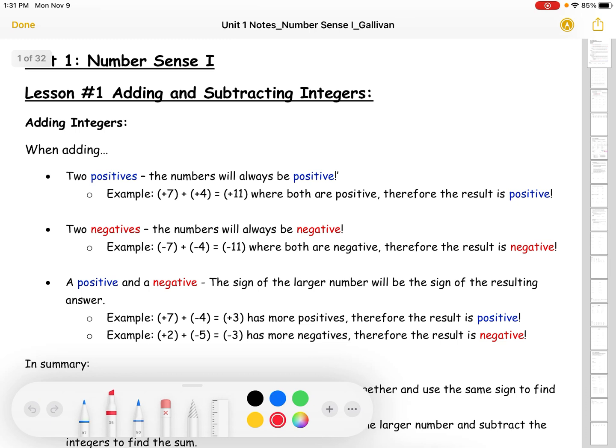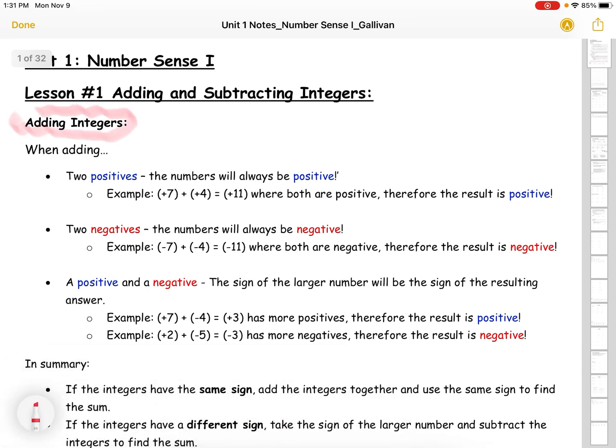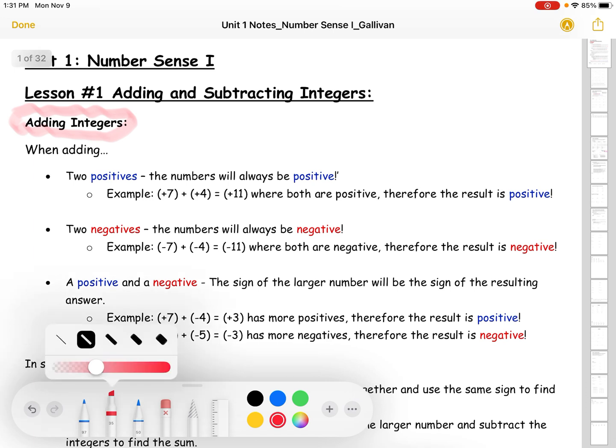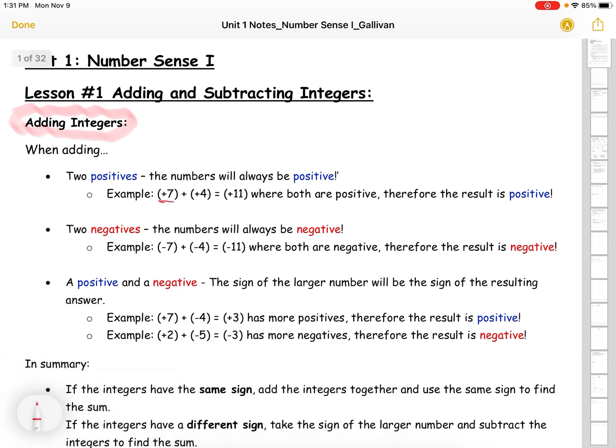Now, when you are adding two positives, the numbers will always be positive. So if you're dealing with positive numbers, it's just adding like you always have. For example, positive 7 plus positive 4 equals positive 11, where both are positive, therefore the result is positive.